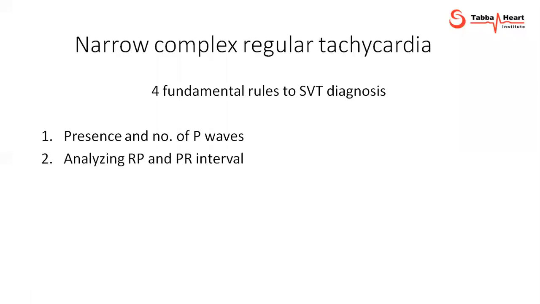You have to analyze the RP and the PR interval. When you are in a tachycardia, you can only analyze the presence and number of P waves and the RP and the PR interval.